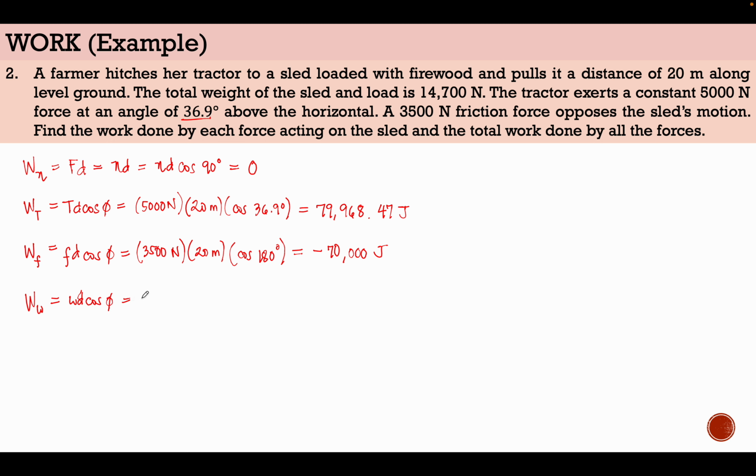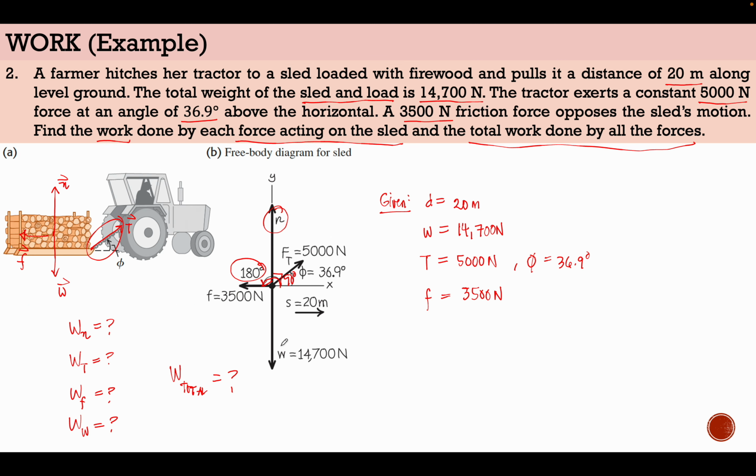Okay, so weight is 14,700 newtons times 20 meters times the cosine of, okay, so again, let's go back to the previous slide. Weight here is along the negative y-axis. So from here up to here, the angle is equal to 270 degrees.